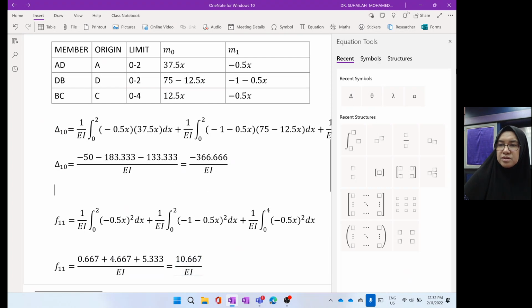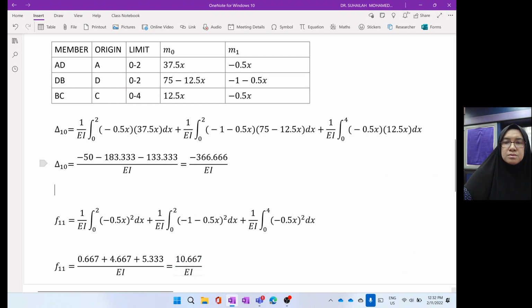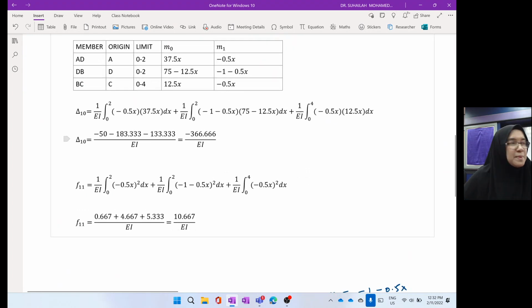Okay, 10.667. So we have got both displacements, right?